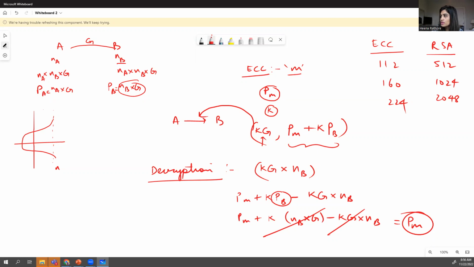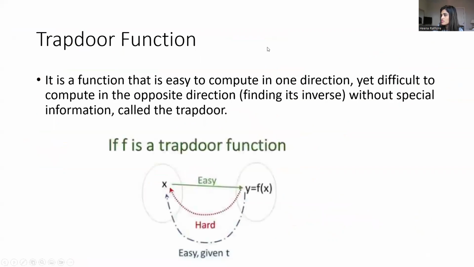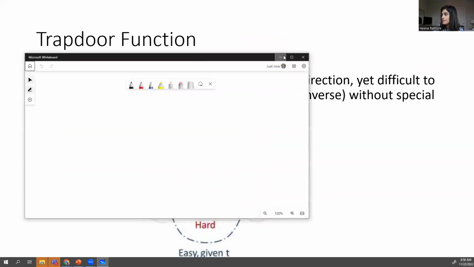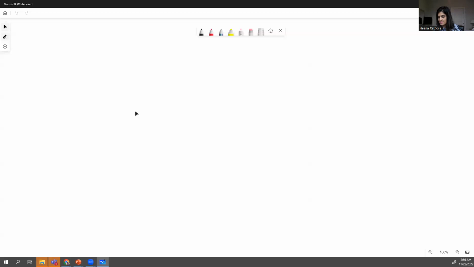Now let me give you the example that I can ask in the exam. So let me create another whiteboard. As I said, the ECC algorithm is specifically based on some curve.